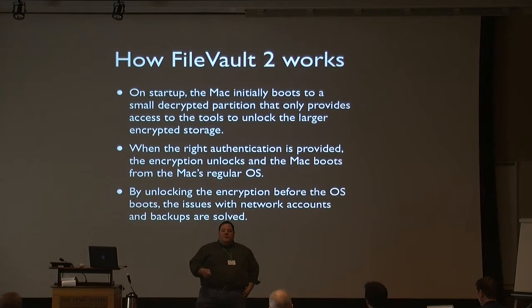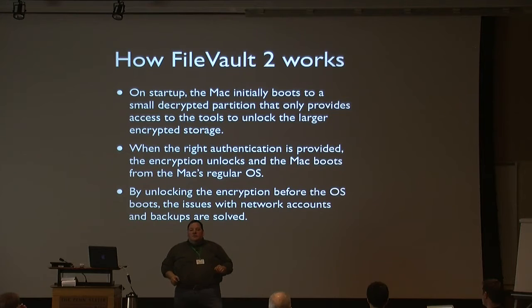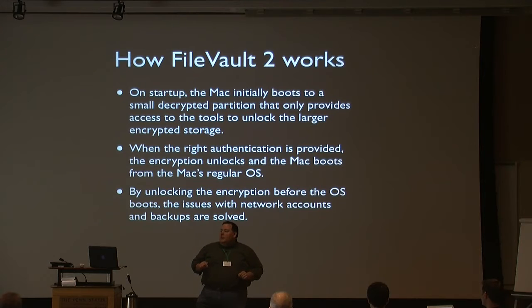Now, FileVault 2, in broad terms, this is the 10,000 foot view looking down from on high, works like PGP or other full disk encryption solutions available for the Mac. When you start up your system, a small unencrypted partition provides just enough access to give you the tools that you need to unlock the much larger encrypted storage, usually through what's called a pre-boot login.